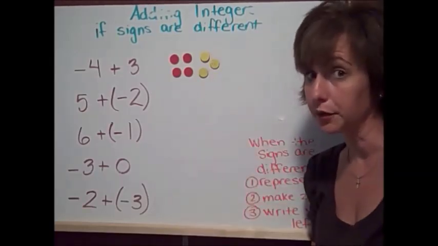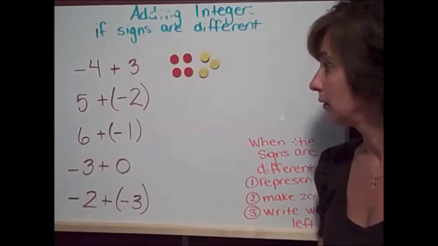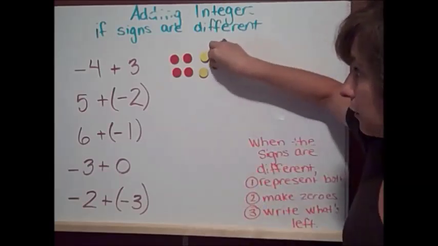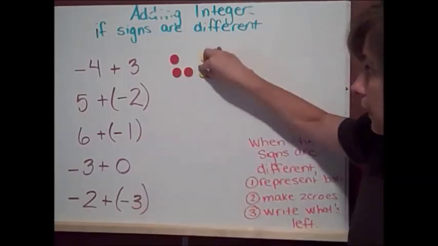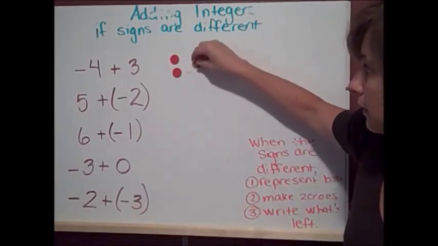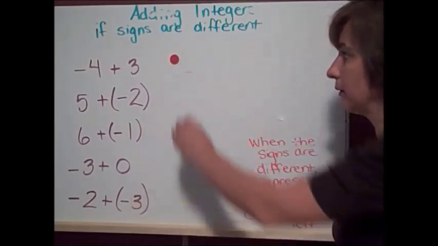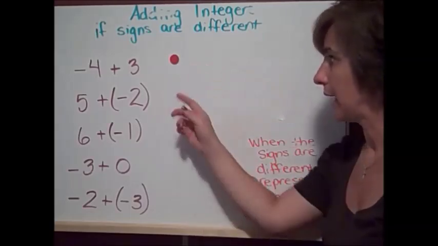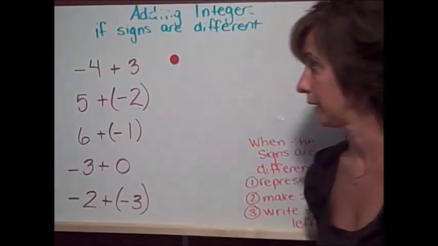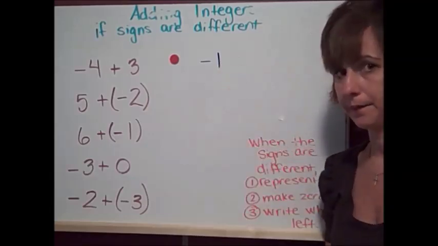Now, we just learned that adding the opposites makes a 0. So we could decide how many zeros we can make. I've made my zeros and I'm left with 1 red. So -4 plus 3 leaves me with -1.